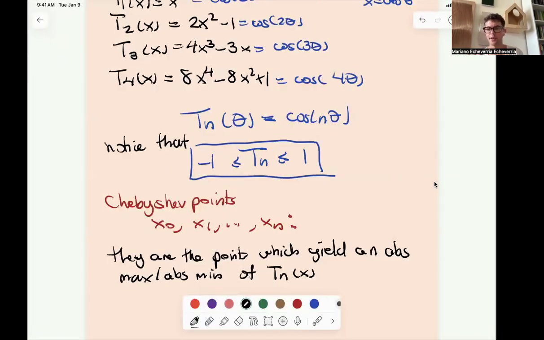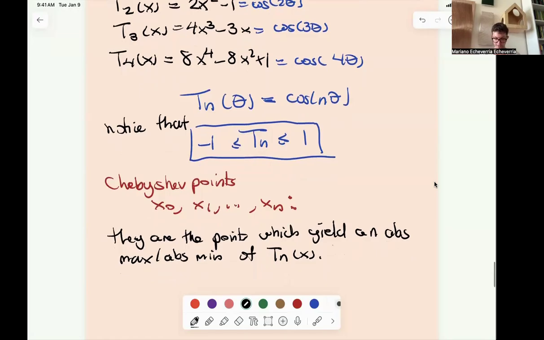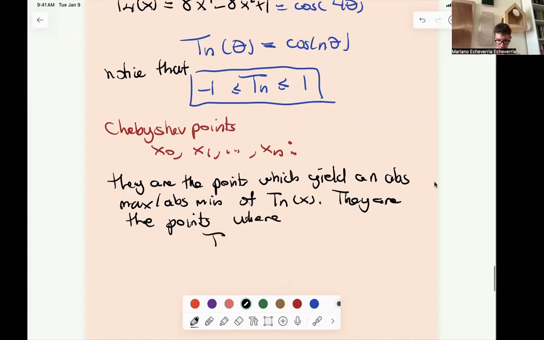In other words, because the Chebyshev polynomials are between -1 and 1, they are the x values where the Chebyshev polynomial is plus or minus 1. Okay, so far so good. Is that making sense?